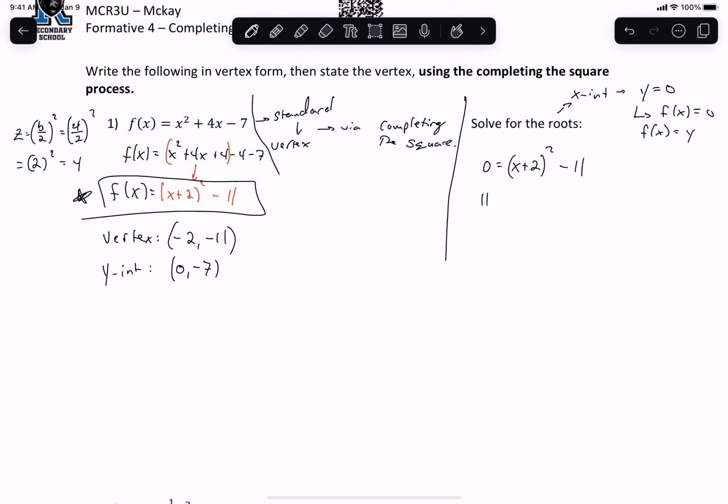Add 11 to both sides. Square root both sides to get rid of the squared. Add the plus minus. I get plus minus root 11 equals x plus 2.